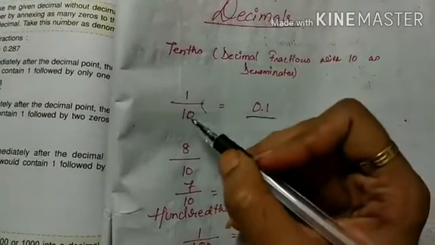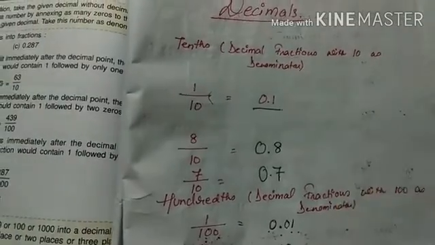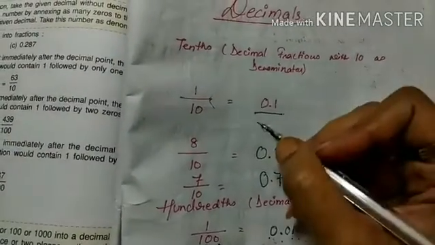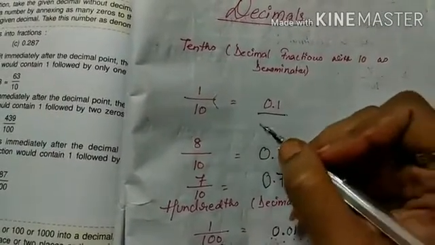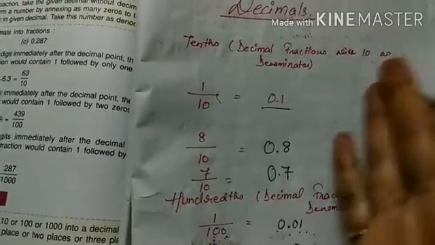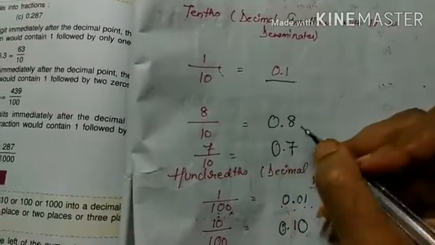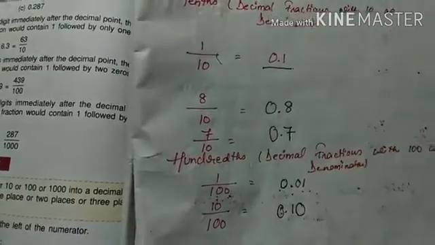When there is 10 in the denominator, it is a 1 place decimal. So we put the decimal after 1 place from the right to the left. So 1 by 10 is 0.1. Then 8 by 10 is 0.8 and 7 by 10 is 0.7.